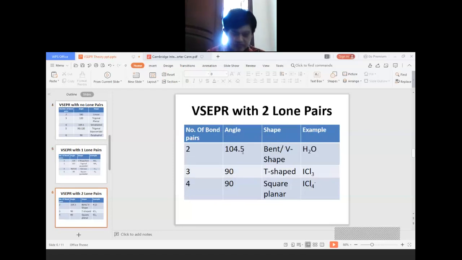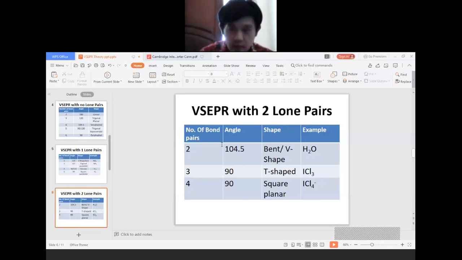Okay, what does it mean? It means that the repulsion between two lone pairs is greater than between a bond pair and a lone pair. This angle is measured between hydrogen and hydrogen.